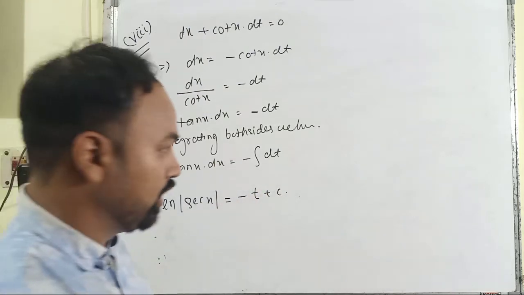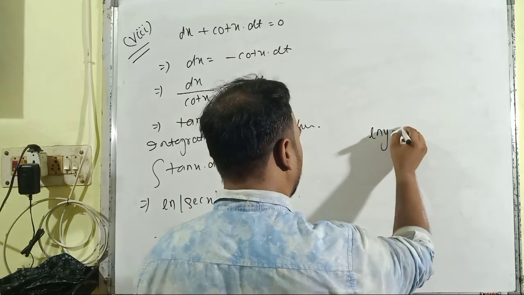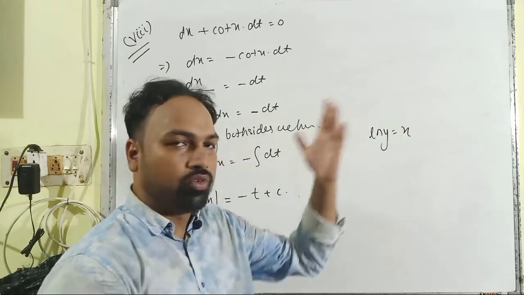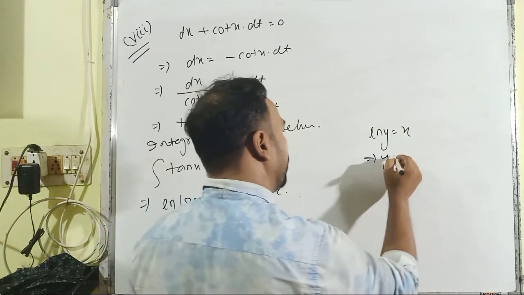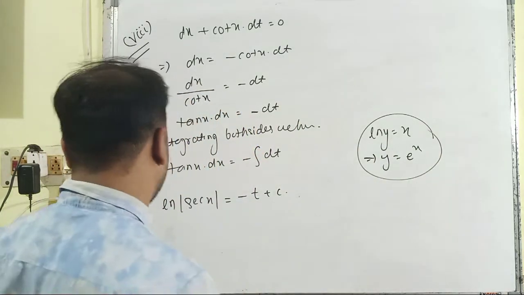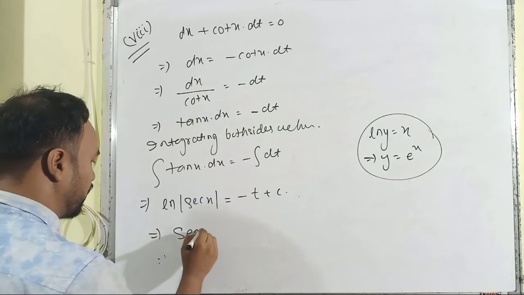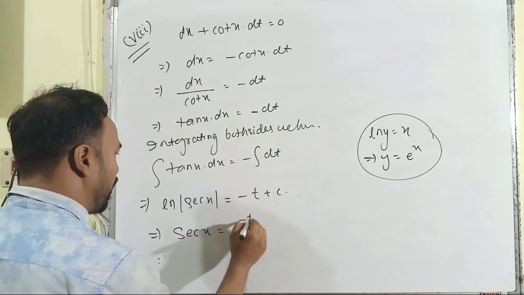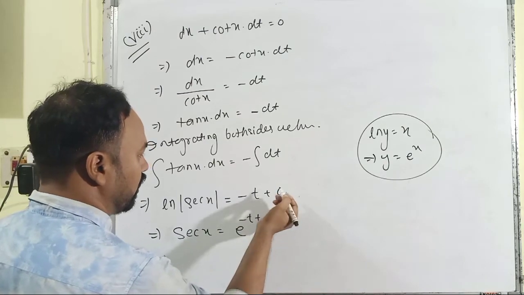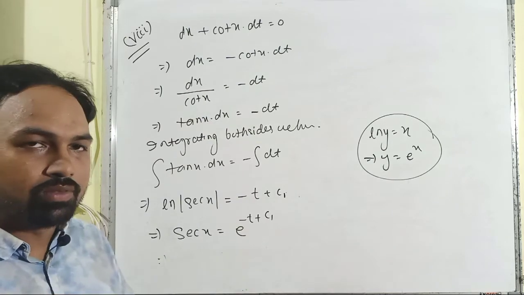But again I have to tell that according to the logarithmic property, if ln y is equal to x, then the value of y will be e to the power x. So by using this fundamental, we find sec x is equal to e to the power minus t plus, let us take it as c1 here, because we can take any form of the constant in terms of c.